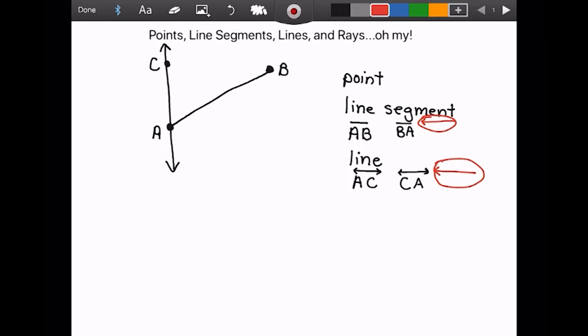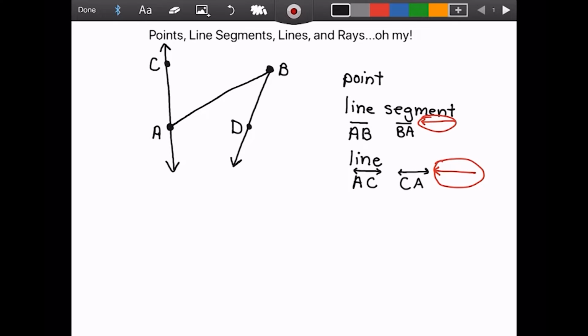All right, let's draw another point and get the conversation going with some other vocab. I'm going to put this here and make this point D. And I'm going to connect B and D together in still a different way. Look at that for a moment. What's the difference between line segment AB, line AC, and this one I created, BD?